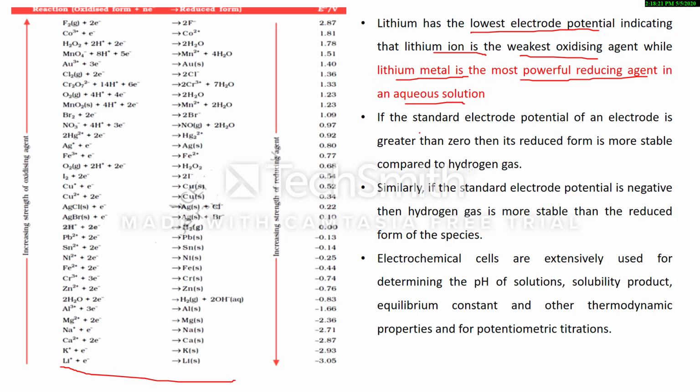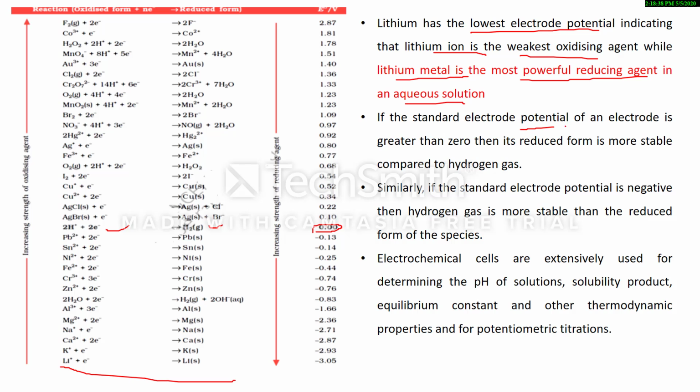Is it clear? Now again, there is one situation where the reduction potential is zero. This is for H2, that is 2H plus gaining 2 electrons and converting into H2.